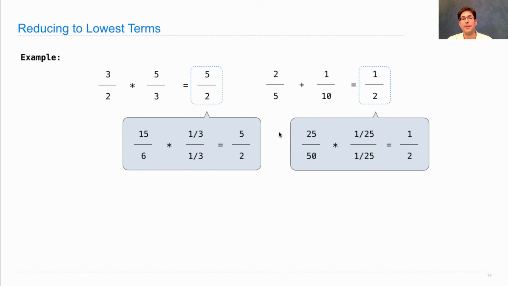It's because through the cross multiplying and addition, we got 25 over 50. And so there's the 20, there's the 5. We add those together to get 25. 50 is 5 times 10. But then we can reduce that to lowest terms by multiplying both the numerator and denominator by 1 over 25, leaving us with 1/2.